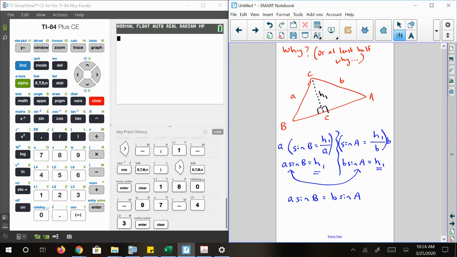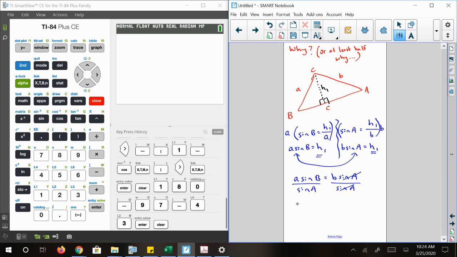So here's what I'm going to start with. I'm going to divide both sides by the sine of a. Okay, which gets me to this: a times the sine of b divided by the sine of a equals b. And then if I want to get rid of this sine of b right here, what I would need to do is multiply both sides by 1 over sine of b, because that cancels out the sine of b here.